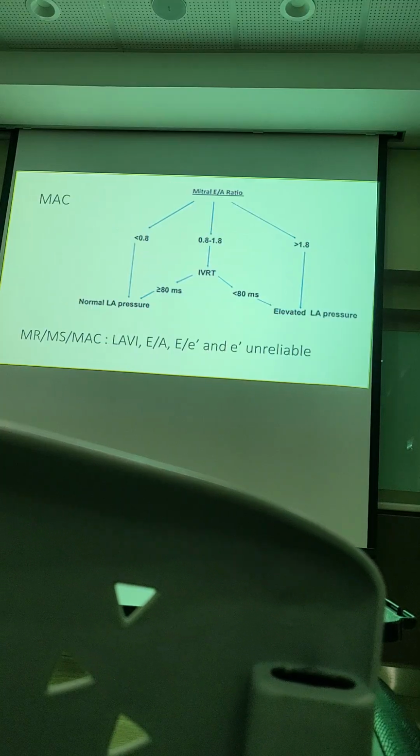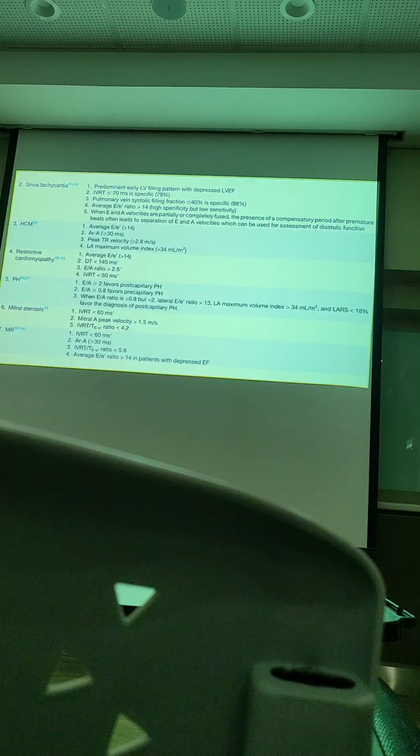Kalau patient ada mitral annular calcification or MR, MS, kan, kena ingat LAVI, E over A, E over E prime and E memang tak boleh guna. So you will depend, first you look at your EA ratio, memang it's not reliable, and then you look at your IVRT, your isovolumic relaxation time. Okay.